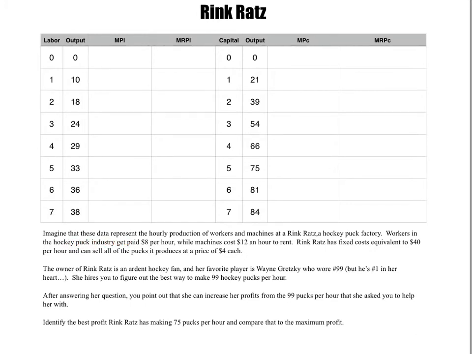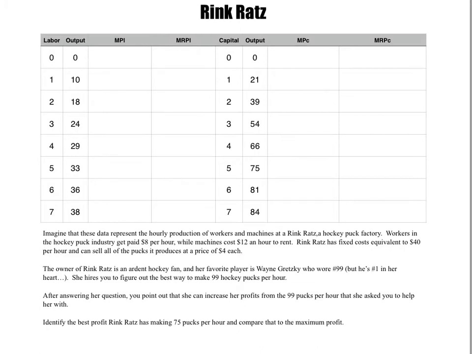So these data represent the hourly production of workers and machines at Rinkrats, a hockey puck factory. Workers in the hockey puck industry are paid $8 an hour, that's worth noting, while machines cost $12 an hour to rent. Rinkrats has fixed costs equivalent to $40 per hour and can sell all of the pucks it produces at a price of $4 each.